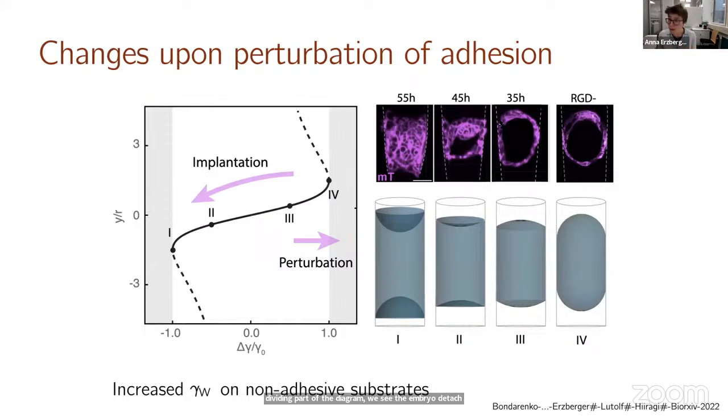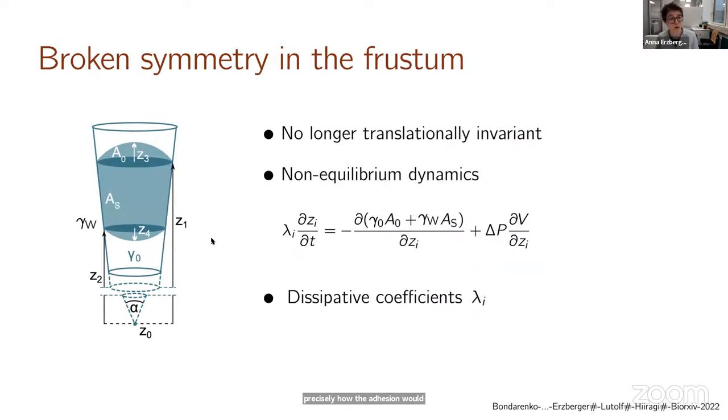So we wanted to also make quantitative predictions for the shape dynamics and actually infer from that more precisely how the adhesion would change over the course of implantation. And in order to do that, we now take into account the broken symmetry in the confinement. So we put in this frustum-shaped geometry.